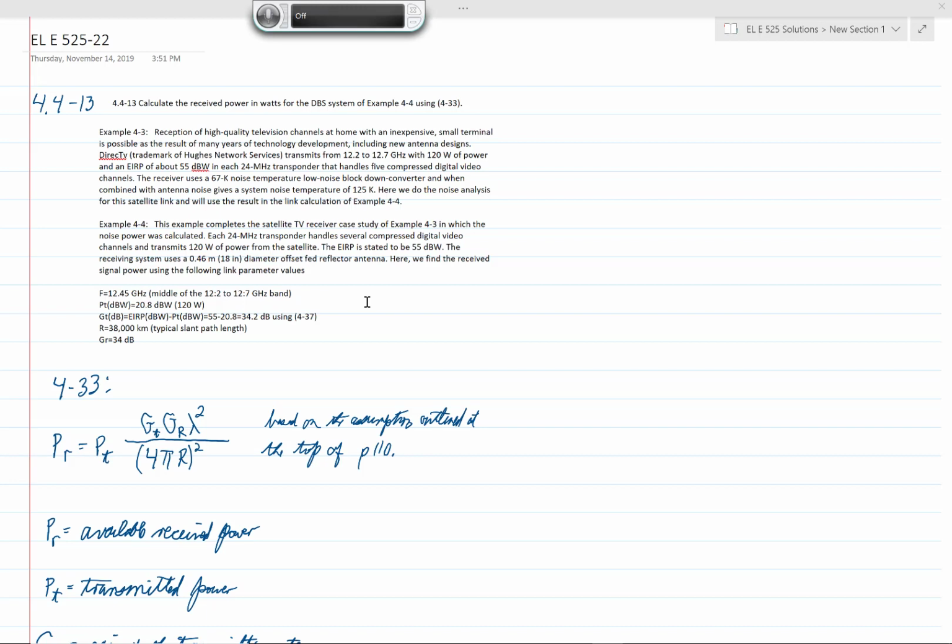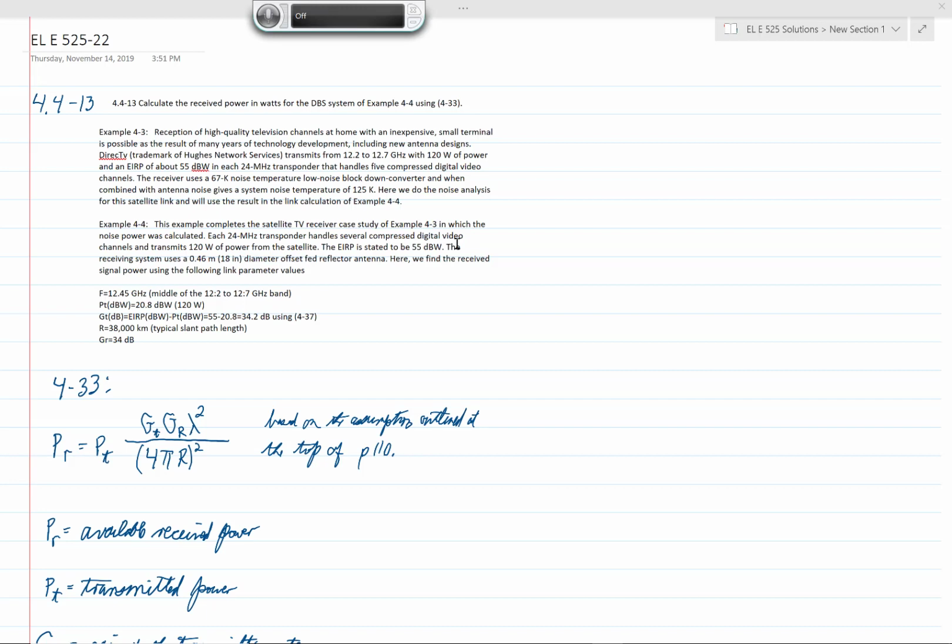So let's start with example 4-3, and you can read along here. Reception of high quality television channels at home with an inexpensive small terminal is possible as the result of many years of technology development, including new antenna designs.